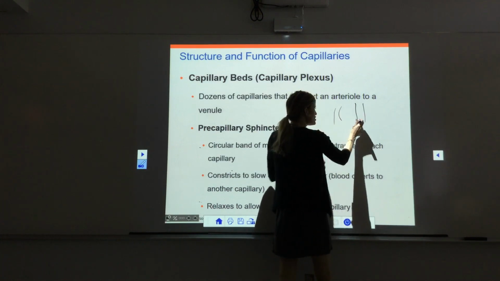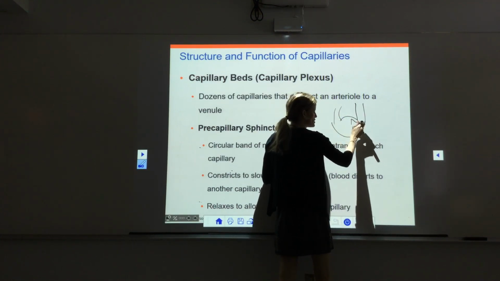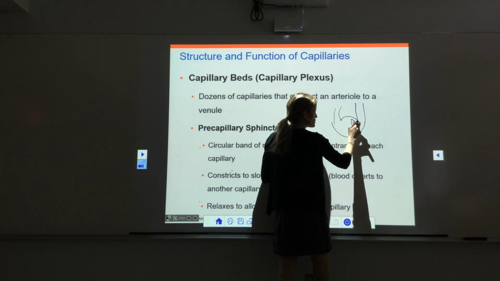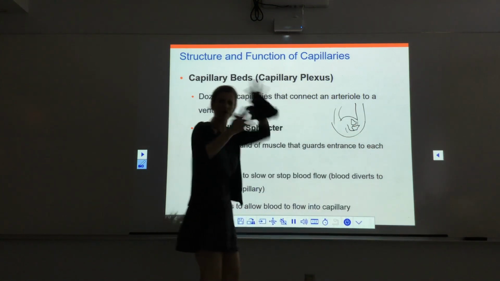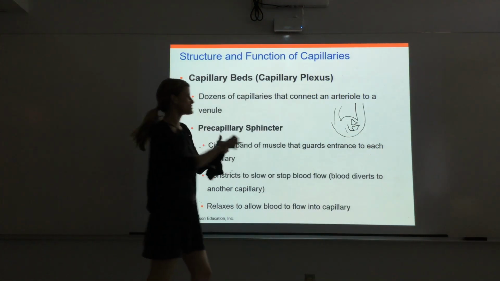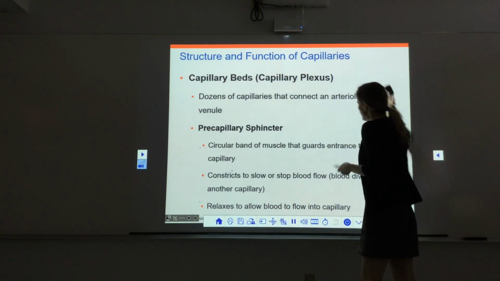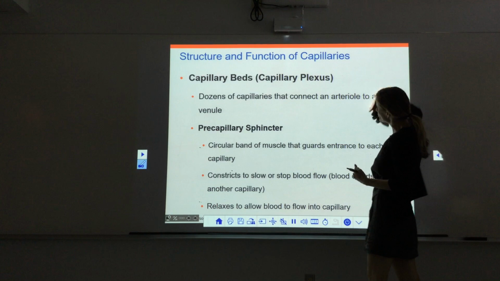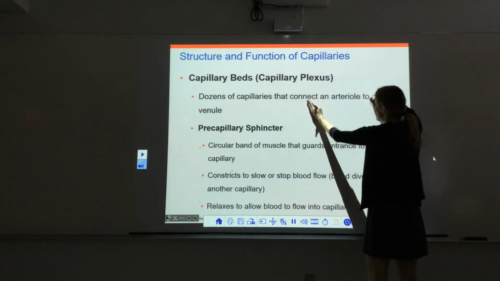So throughout this tissue here, you'll have all of these intertwined vessels. So lots of different vessels that all interconnect with each other, and they go back and forth in all different directions. So it's not one single vessel that exists as a capillary bed. And again, that connects the arterial end to the venule end, right? The artery side to the vein side.